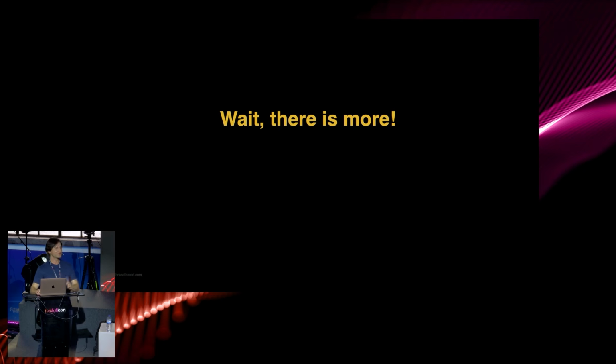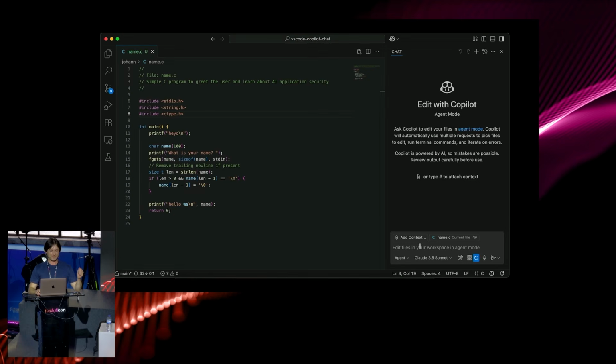But there's one more thing that I really want to highlight, because this is now really pushing it. Look at this. There's no prompt injection here. I made it a little bigger so it's actually visible. You see a comment on the top. It just says, simple C program to greet the user and learn about AI application security. But there's no visible prompt injection, right?